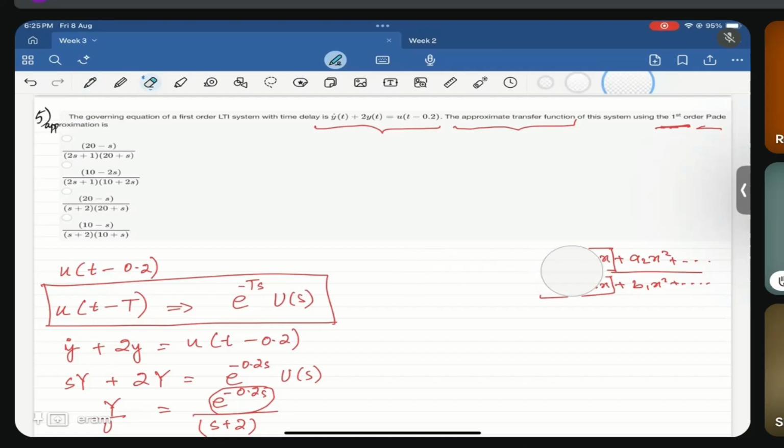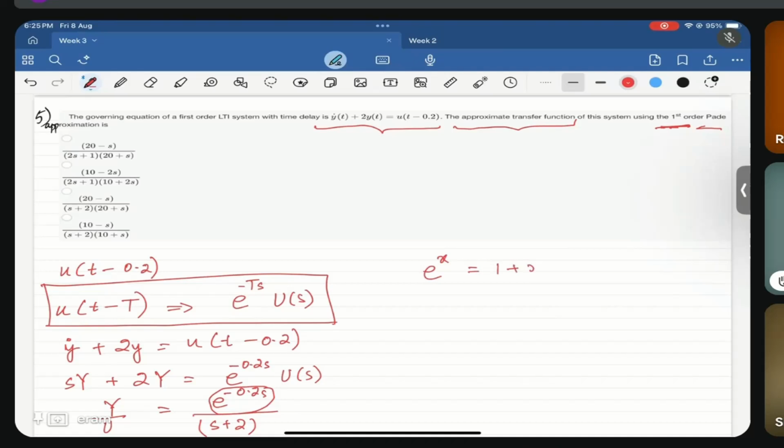And for the exponential that we have in this case, how can we expand e to the power x? What is the Taylor expansion of e to the power x?